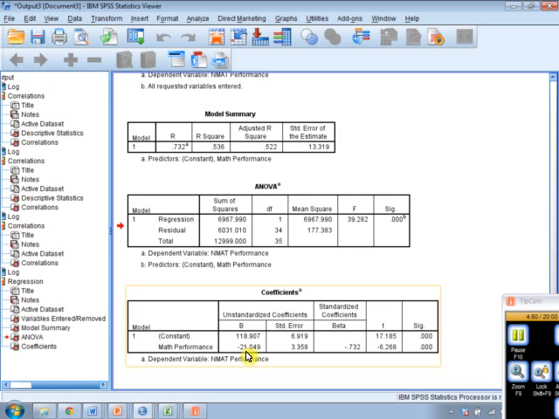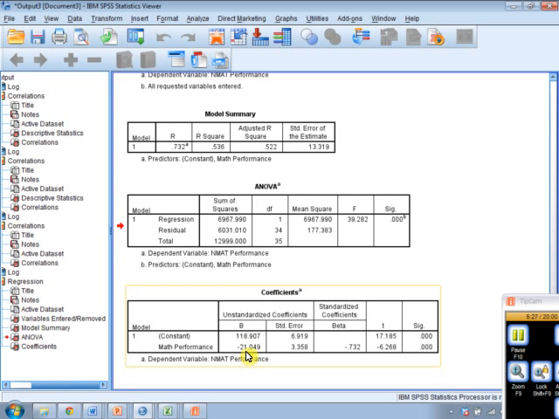So for every 1 unit increase in x, what is our x again? It is the math grade. So for every 1 unit increase in math grade, the NMAT decreases by 21. Maybe some of you will wonder, when they increase in their grade, their NMAT performance decreases? Because we have a different way of looking at the grade.